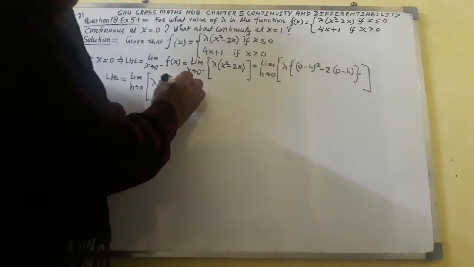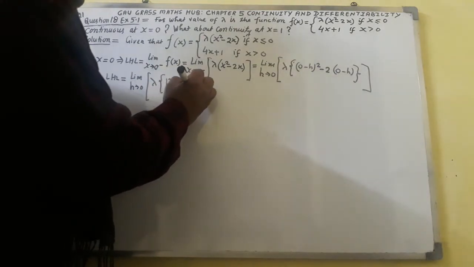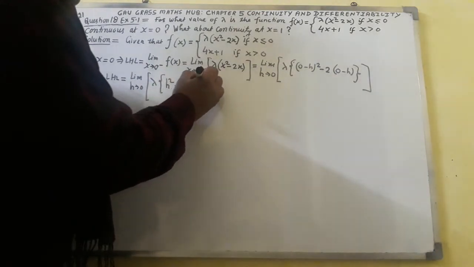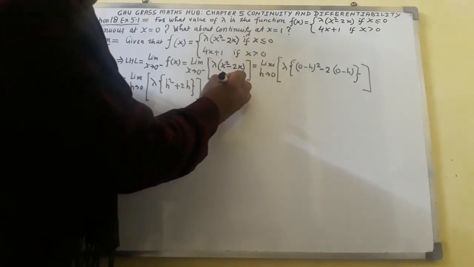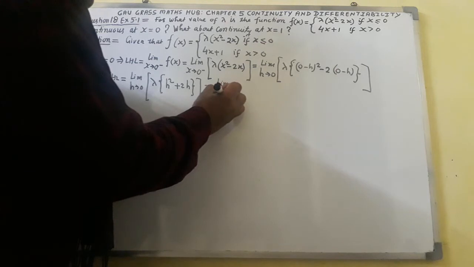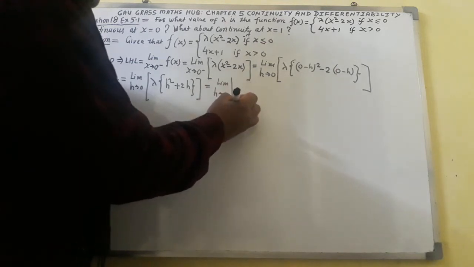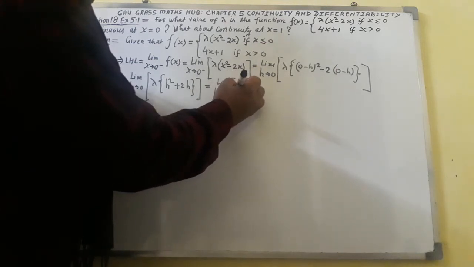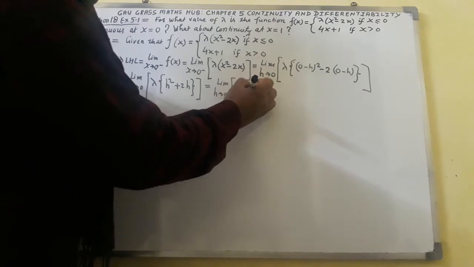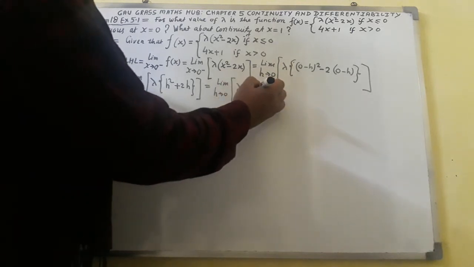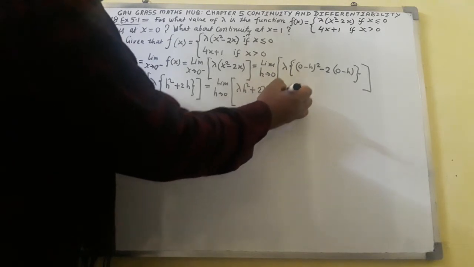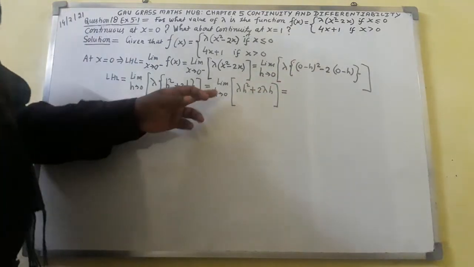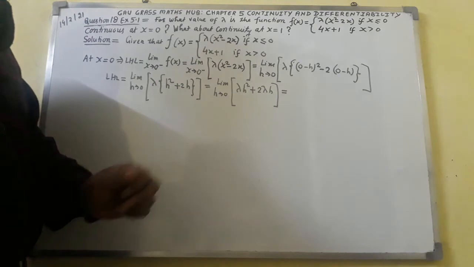It comes out to be limit h tends to 0 of lambda h square plus 2 lambda h.